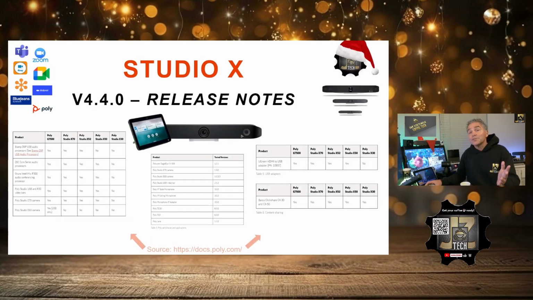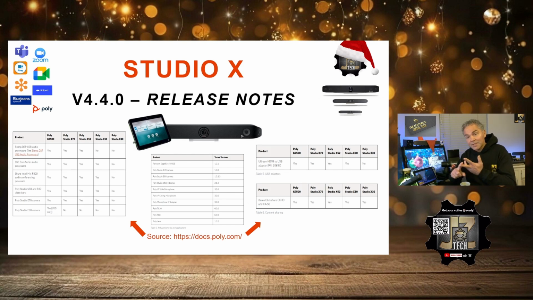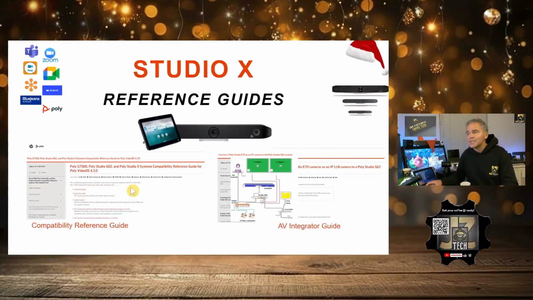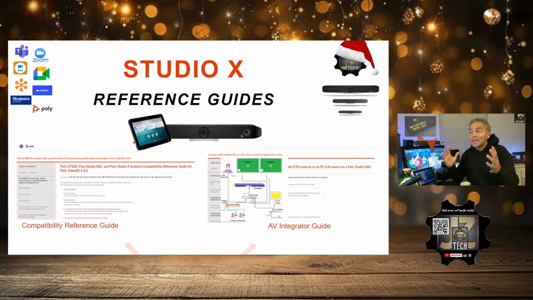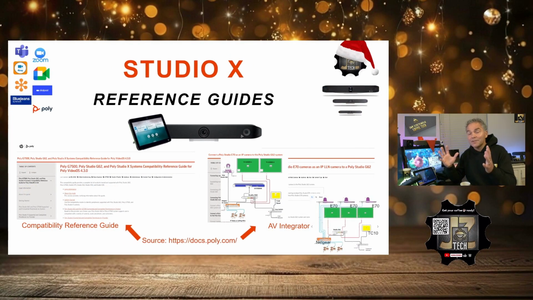There are a lot of things in the release notes, looking at the microphone support, third-party cable extenders, and the different DSPs that are supported. They are updated with every new release, so make sure you check those release notes. One I'm also really excited about is the reference guide. The integrator reference guide is available now. There's a compatibility guide. There's really a lot of new information on docs.poly.com.